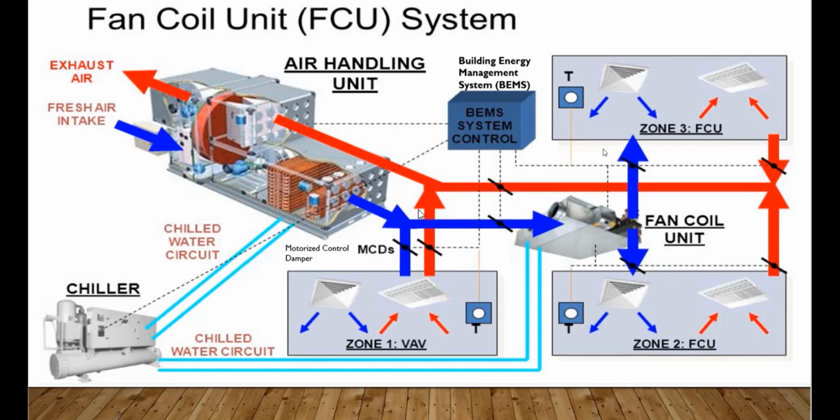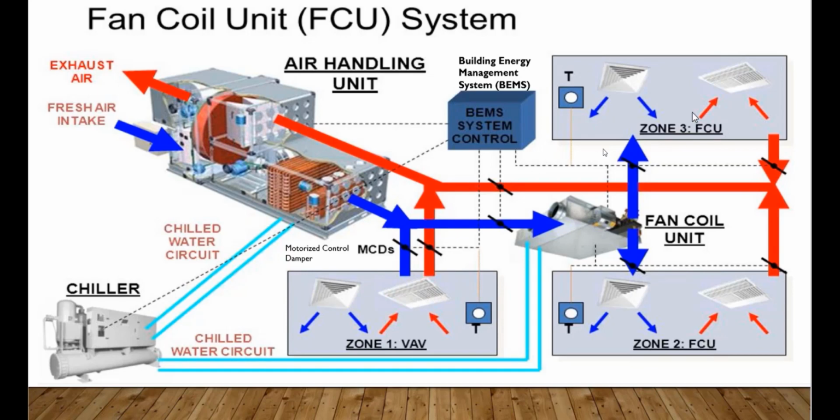In this system we have a fresh air handling unit, we have fresh air supply, and we have exhaust which is coming in the return here. Here we have a heat recovery wheel. So this is fresh intake, exhaust air, and here fresh air supply, here exhaust return.